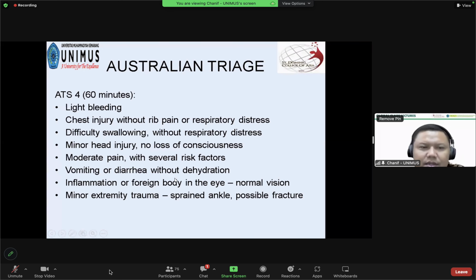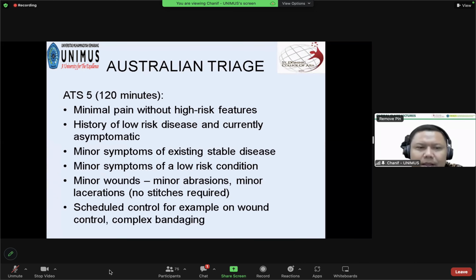It is one of the cases with a wait of up to 1 hour, 60 minutes.